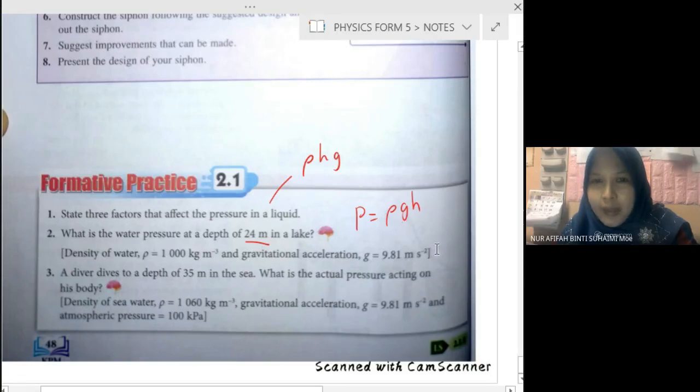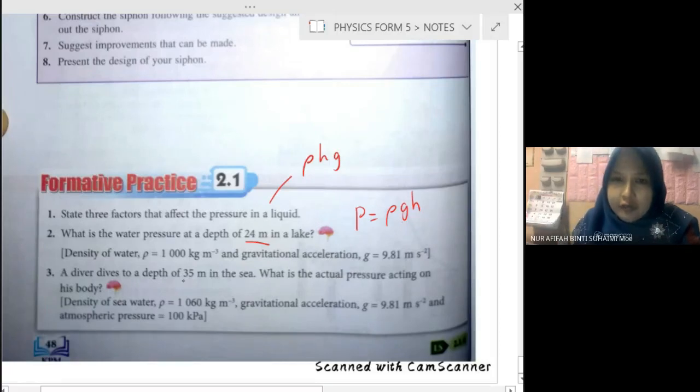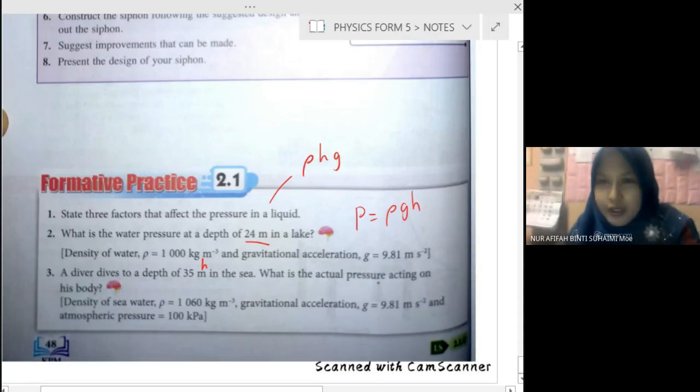Right, number 3, a diver dives to a depth of 35 meter. So this is H. What is the actual pressure? Actual pressure acting on his body. So look at the question. You are given atmospheric pressure 100 kilopascal.